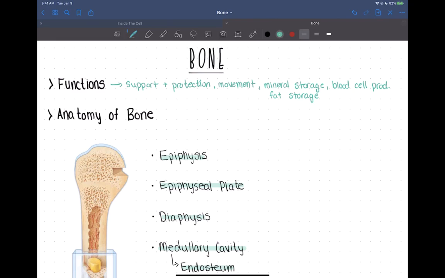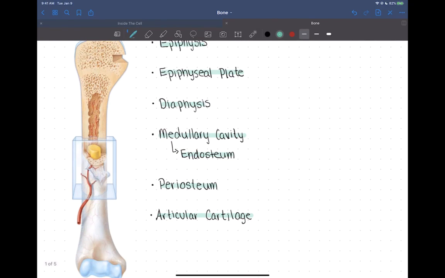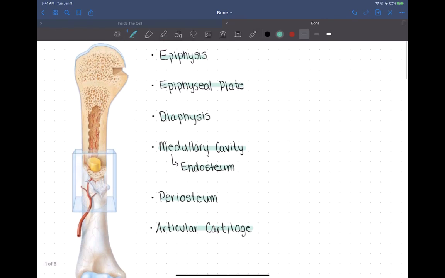So let's take a look at a typical bone and talk about some of the anatomy of that specific bone. Here we have the humerus, one of the long bones, and we'll talk about some of the anatomy associated with a long bone.